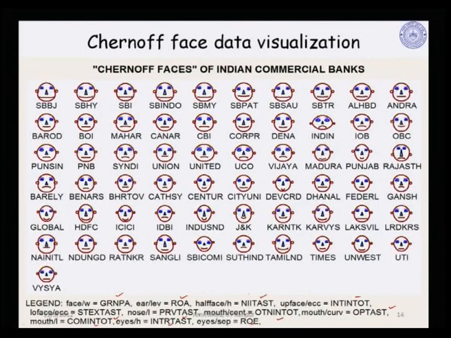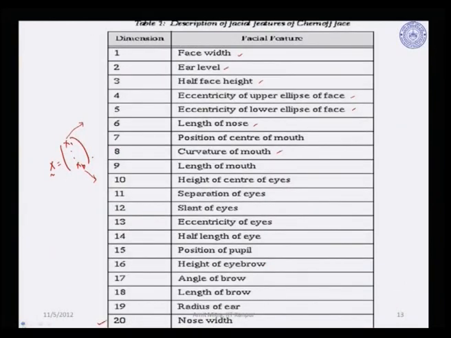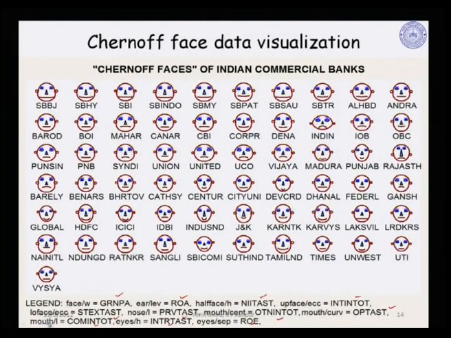In the present case there is an 11 dimensional feature vector. For that 11 dimensional feature vector, we associate 11 important features from this table with the multivariate data, and the associated features are highlighted here.